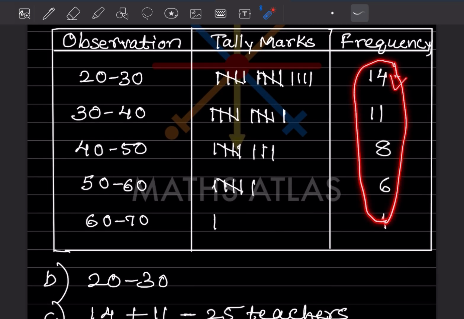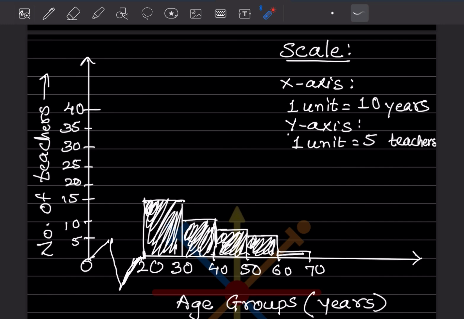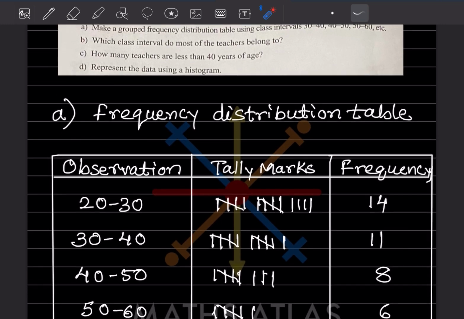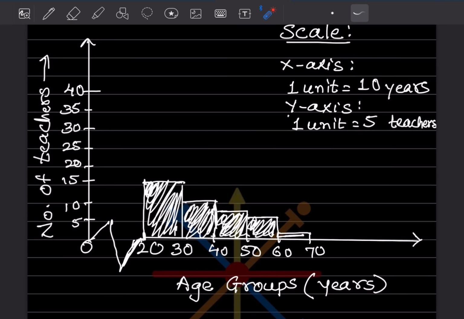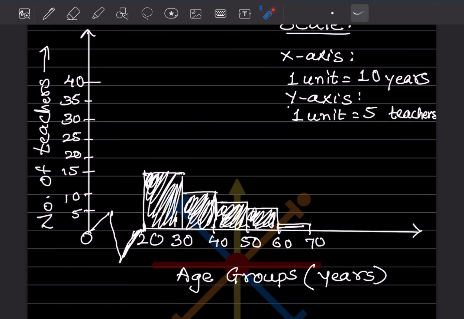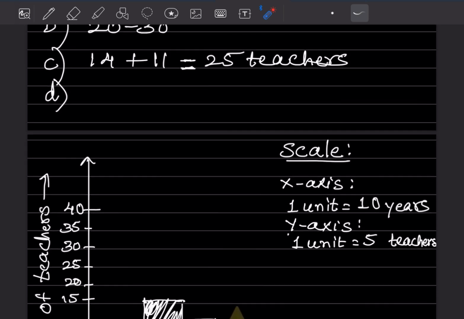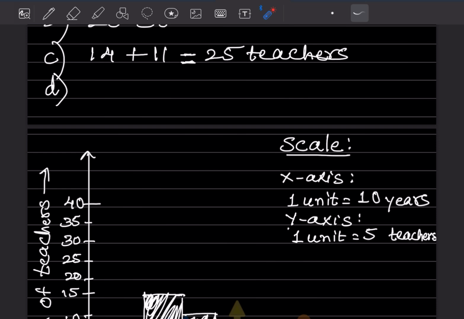So what we can do, we can make this as 5, 10, 15, or we can put 2 divisions each also, 2, 4, 6, 8, 10. Anyways, you can do it.